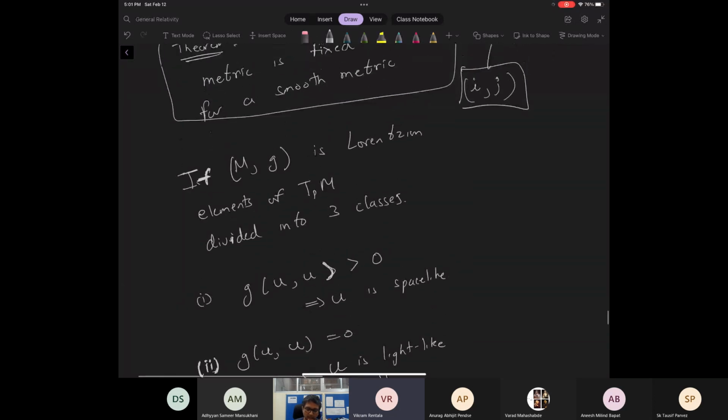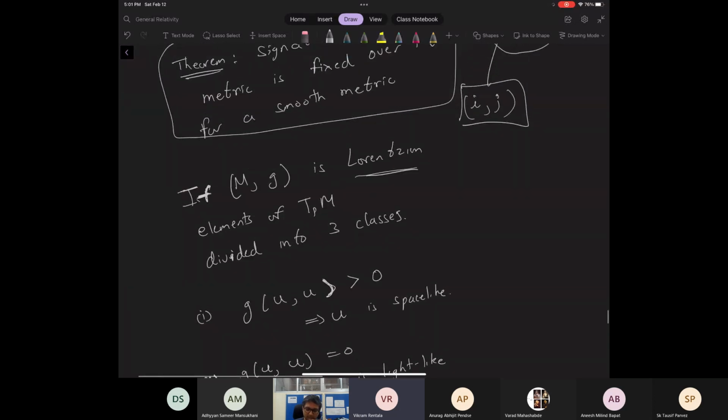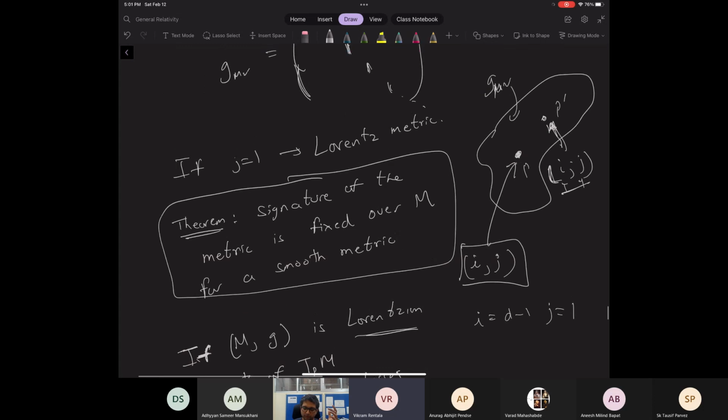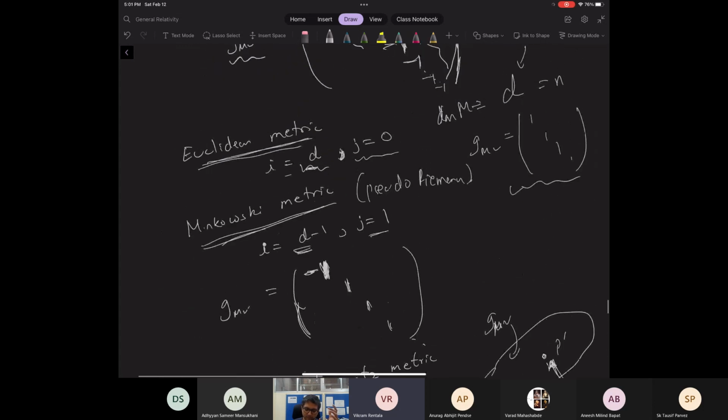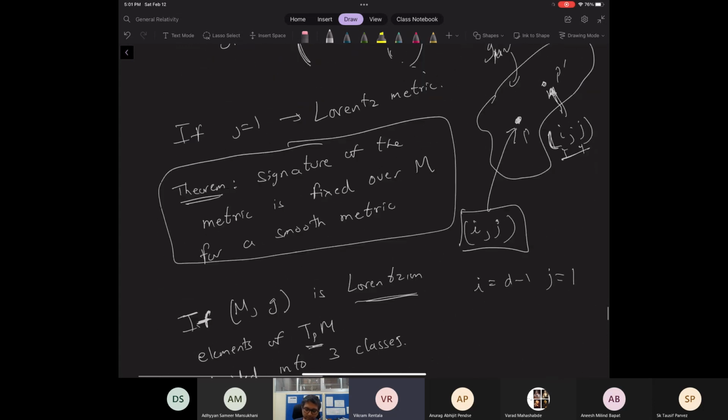Now if we take a Lorentzian manifold, that is one with i equal to d minus 1 and j equal to 1, then the elements of the vector space fall into 3 classes. That is, the dot product of 2 vectors no longer has to be just positive, like it is for Euclidean space, where the metric can be put in this form.